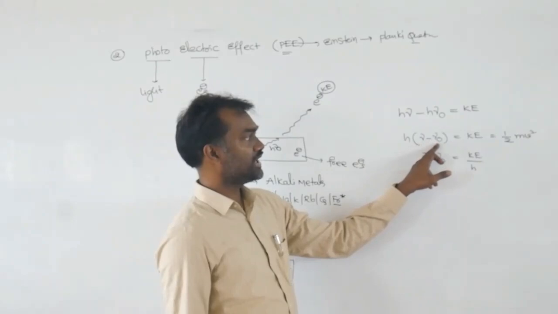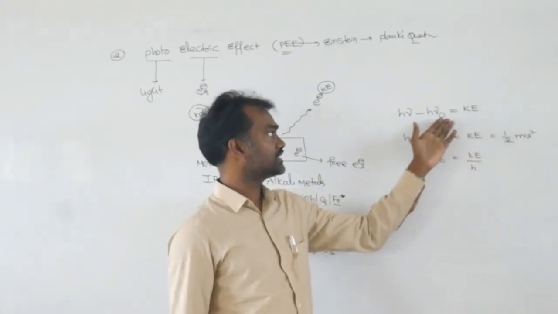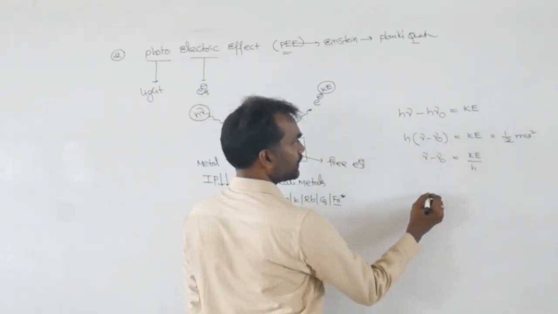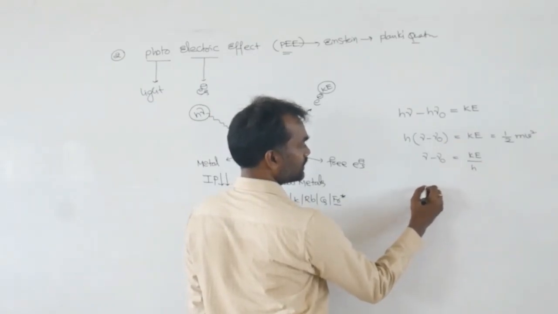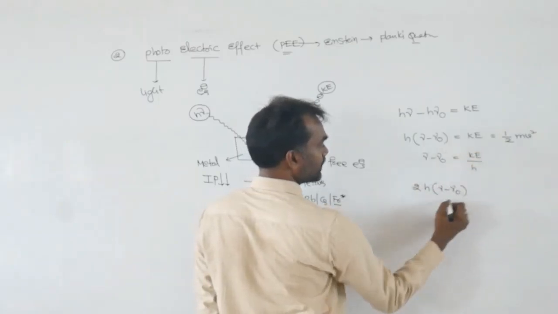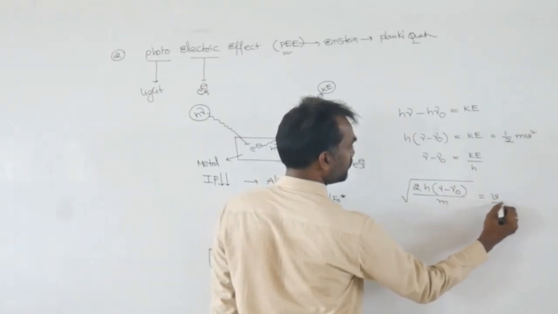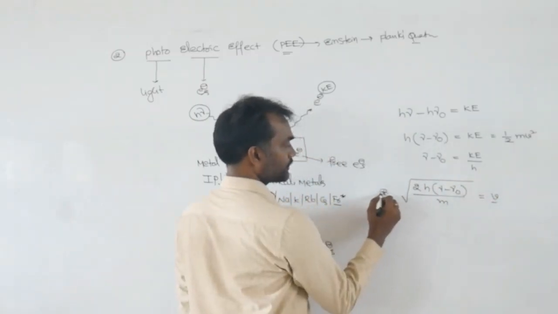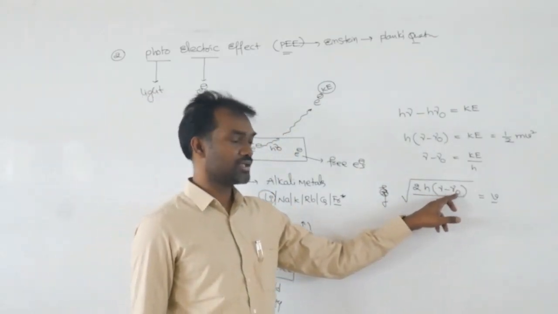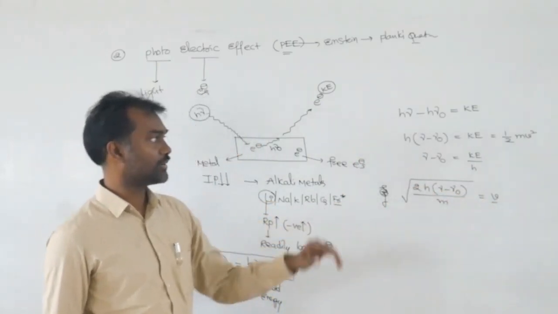They will provide these values and they will also ask the velocity of the electron. If you take velocity, v equals under root of 2 h into nu minus nu naught by m. The incident light frequency and threshold frequency will be mentioned, and they will ask the velocity, so you can apply that.